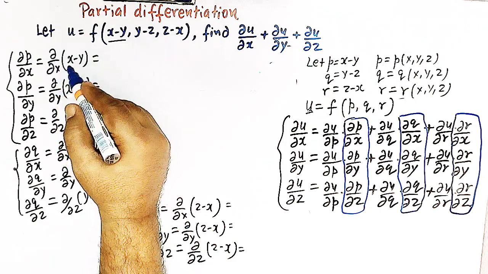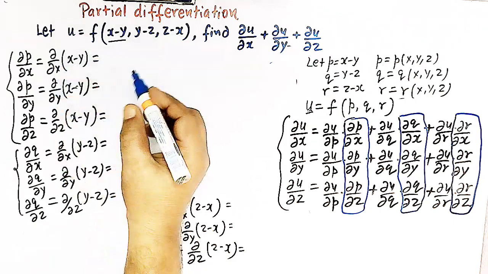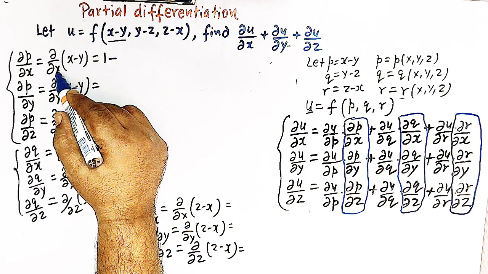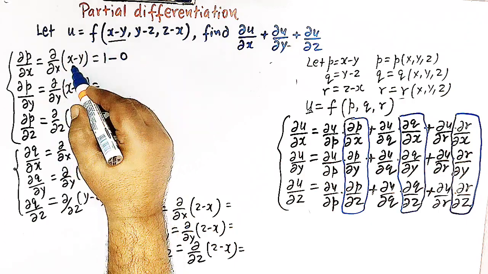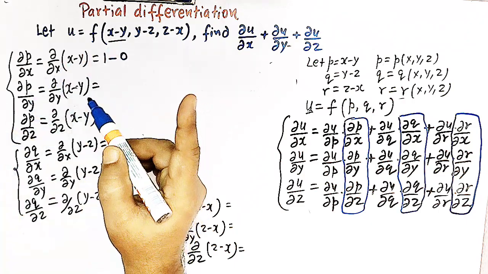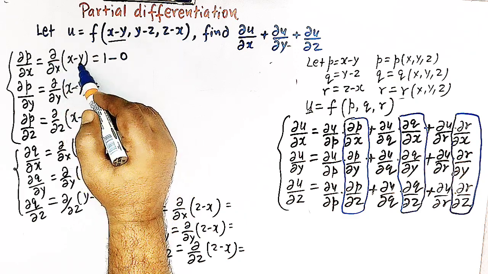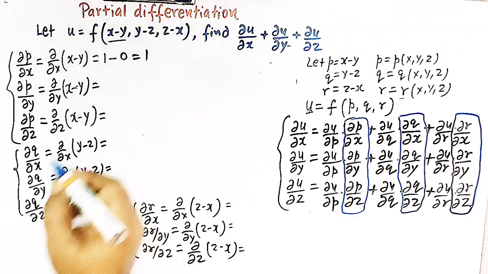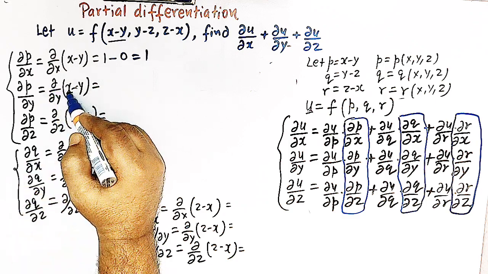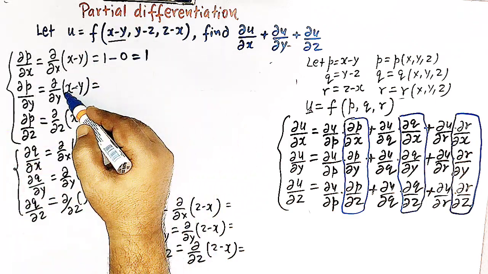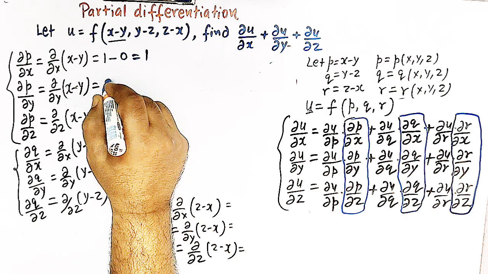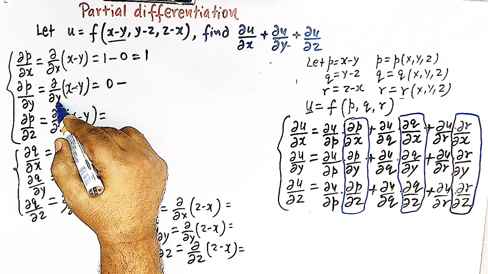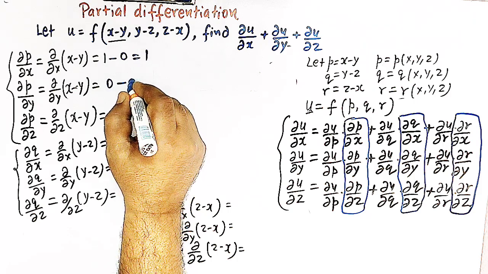So now here the derivative of x with respect to x is 1, and the derivative of y with respect to x is 0, because here we are finding out the partial derivatives. So the partial derivative of y with respect to x is 0. So here we have 1, and here the partial derivative of x with respect to y is 0, and the partial derivative of y with respect to y is 1.